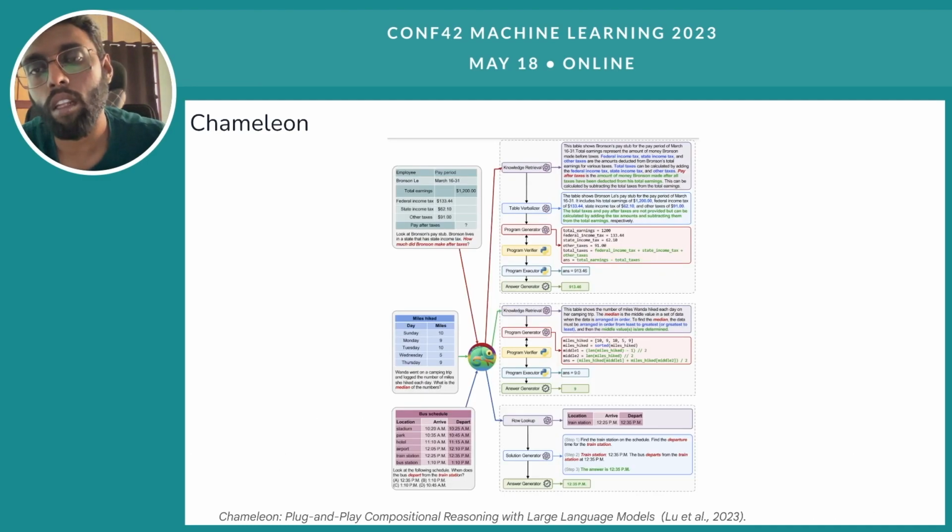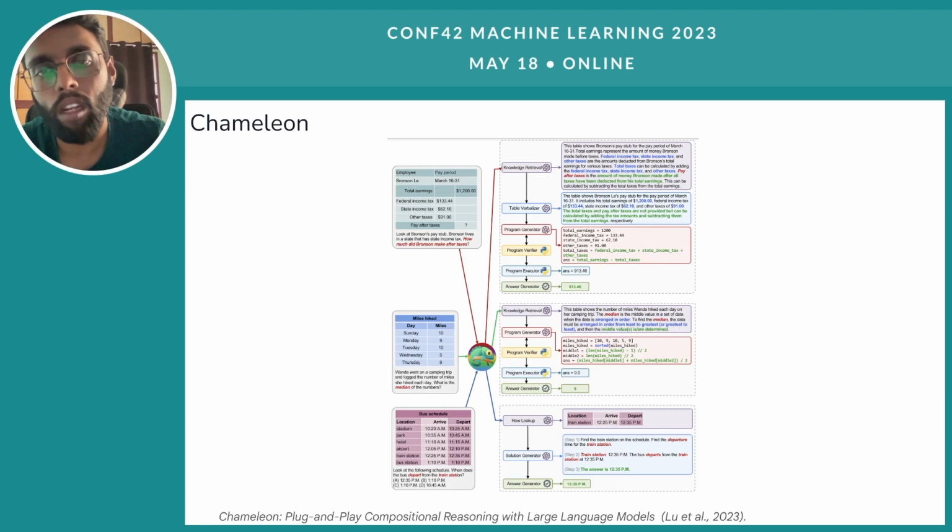Another example is the TabMWP math word problem solving dataset, wherein for a given tabular example and a question that was asked, the model has to come up with a set of answers.